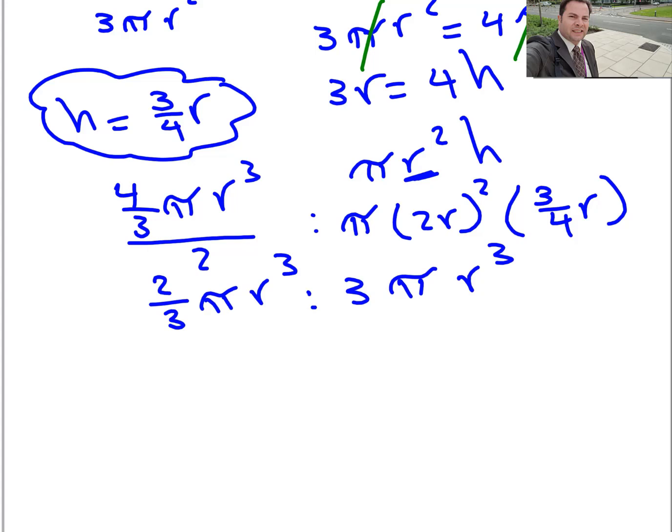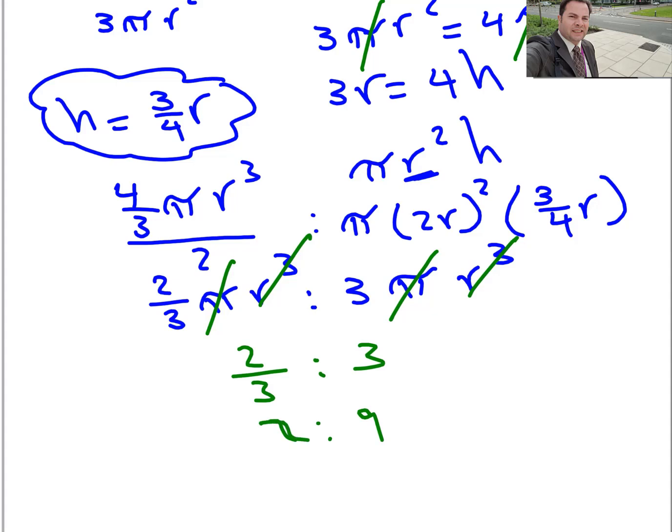You can divide both again by pi, and by r cubed, you can remove them. So the final answer is 2 over 3 to 3. This ratio is not in its simplest form, so you can multiply by 3, and it will be 2 over 9. This is the final answer in simplest form.